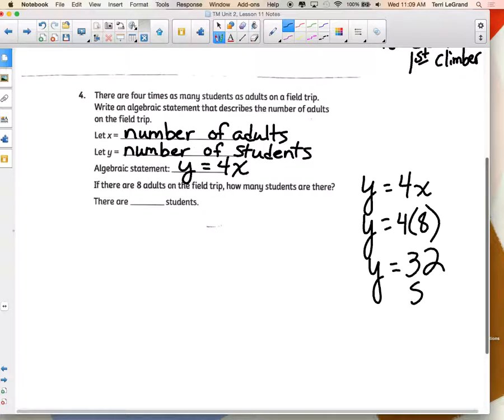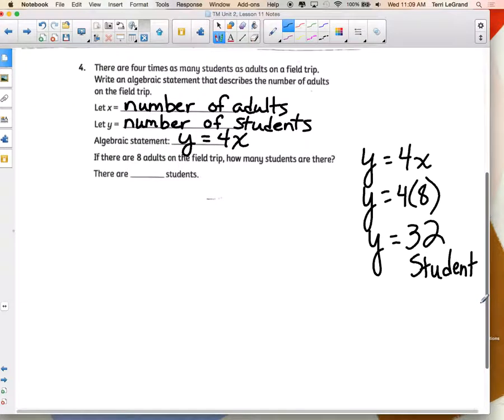Remember, these are students. Y is the number of students. So if there are 4 times as many students as adults on the field trip, do you think there should be 32 students? Yeah. Well, then I think this looks like a pretty good equation. So now you can write down all that work I just did.